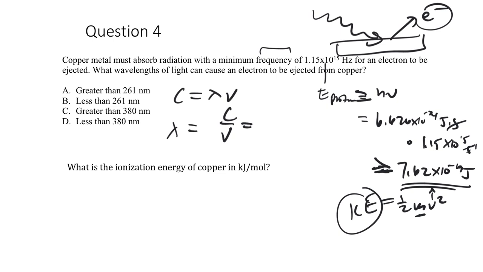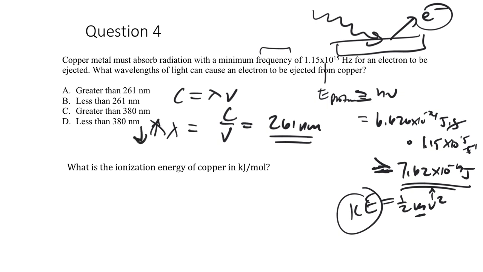That's 2.61 times 10 to the minus 7 meters, times 1e9 to convert to nanometers, is 261 nanometers.